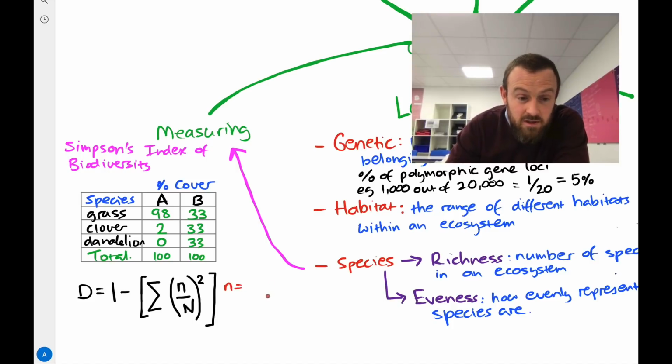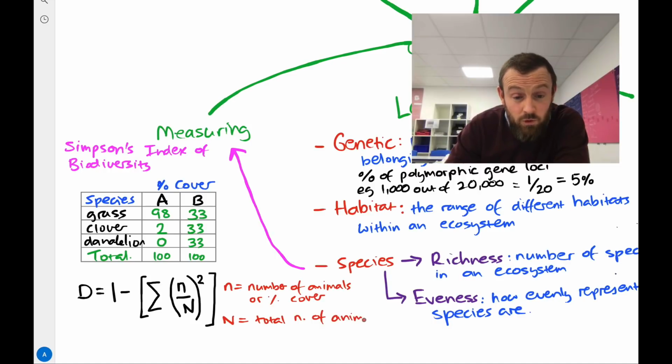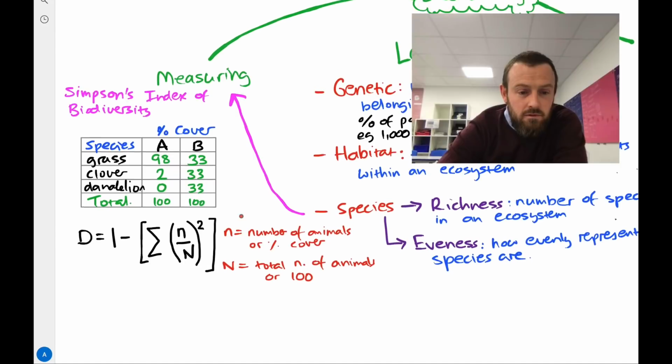So n equals the number of animals or percent cover, and big N equals the total number of animals, all of the different animals, of all the different species, or if it's percentage cover, it's generally 100, okay?